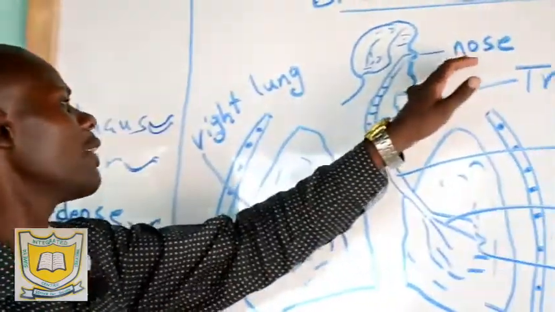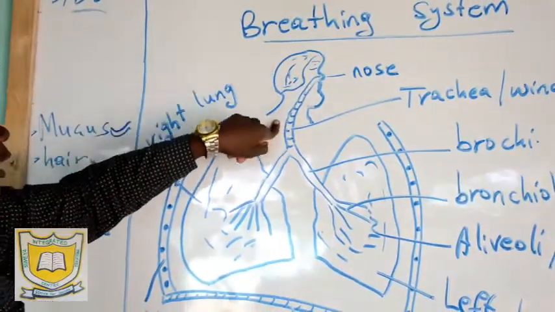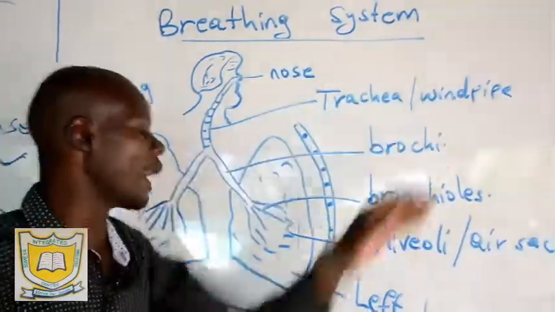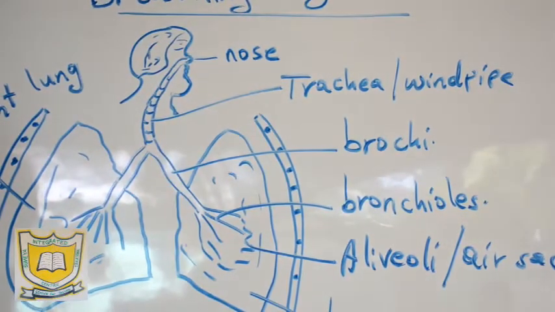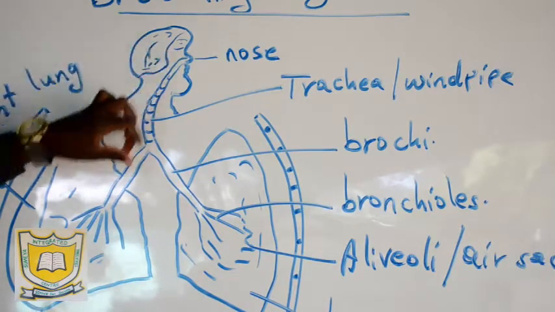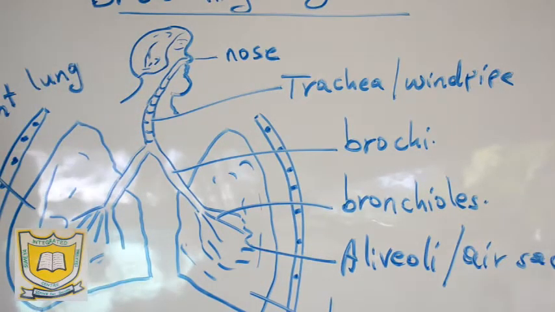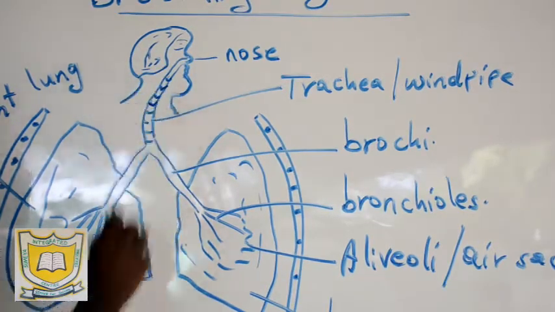Now, from the nose, we move to the trachea, or we can call it the windpipe. The trachea, which is also known as the windpipe, is the second part from the nostrils. A question that comes from this part is, why does the trachea have ring-like cartilages?